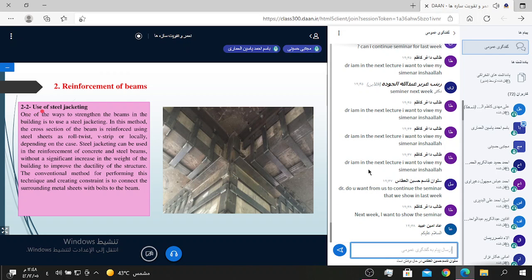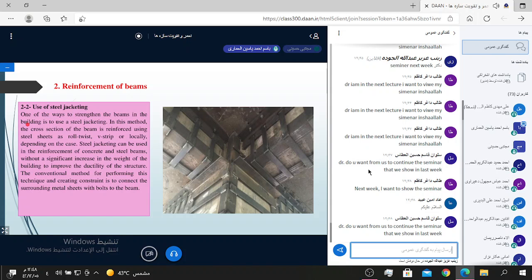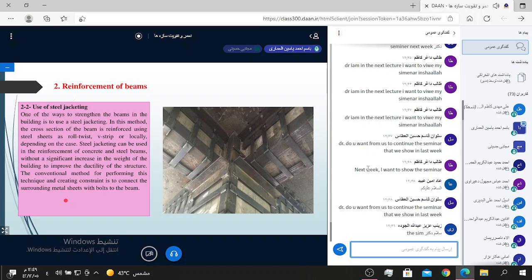Method two: use of steel jacketing. One of the ways to strengthen the beams in a building is to use steel jacketing. In this method, the cross section of the beam is reinforced using steel sheets as roll, twist, V-strip, or lock.